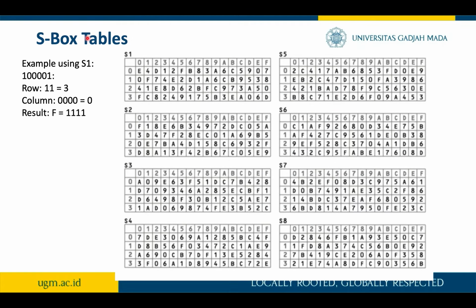Okay, and for the S box tables, we make use of S boxes here to reduce 48 bits into 32 bits. The input for each S box is 6 bits, and the output is 4 bits.